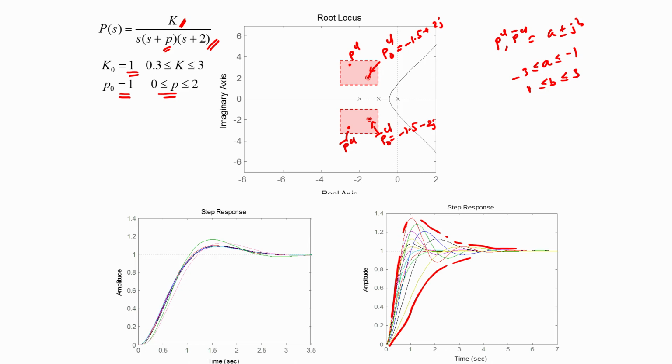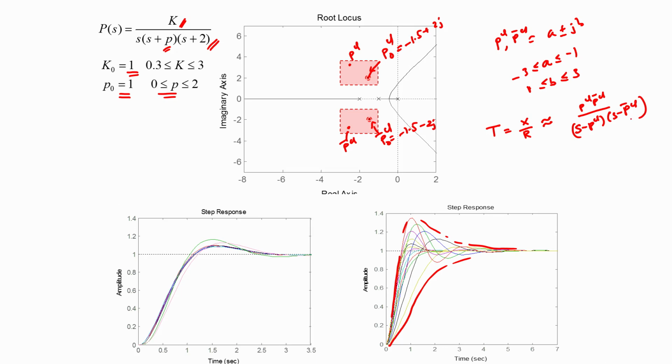So, if we are willing to permit the closed loop poles to lie within the rectangles that we have shown there, then the overall transmission function T that relates the output X to the reference R can approximately be written as T is equal to PCL PCL bar divided by S minus PCL times S minus PCL bar.